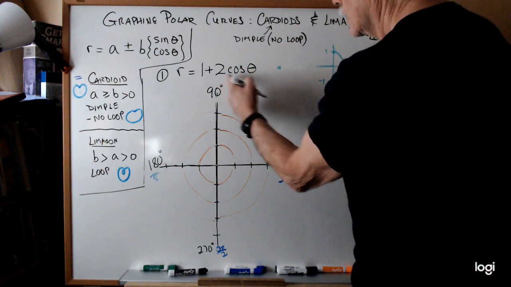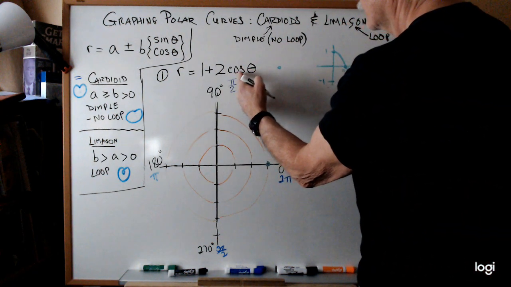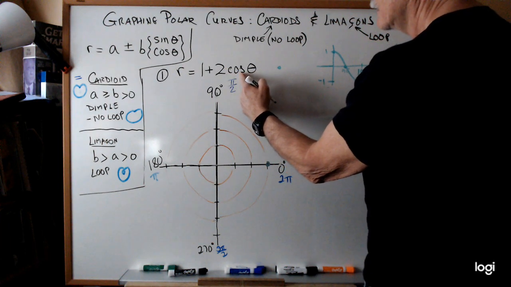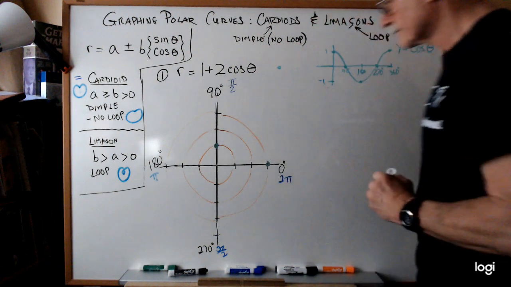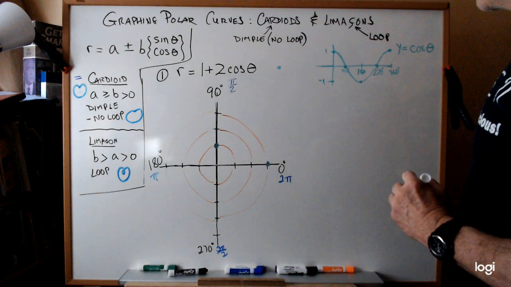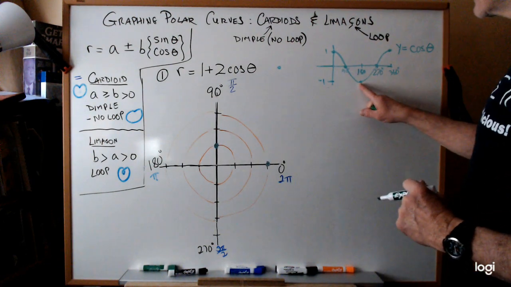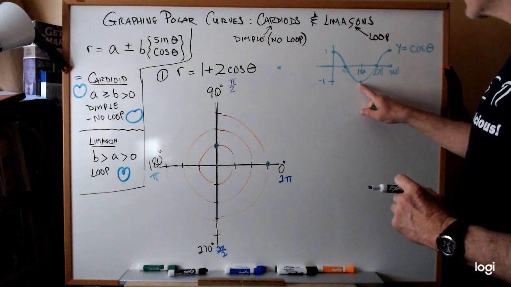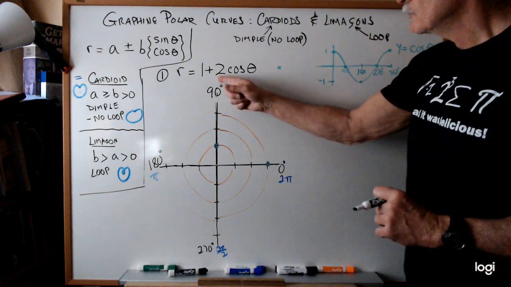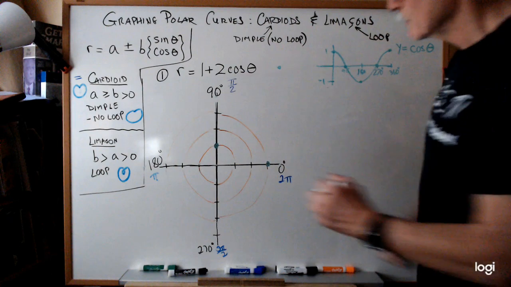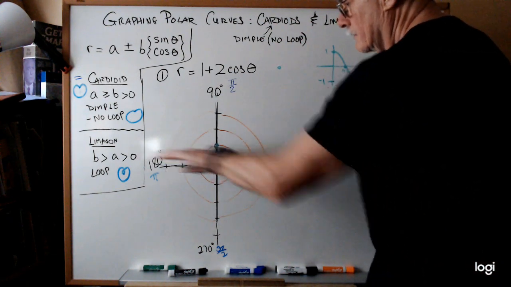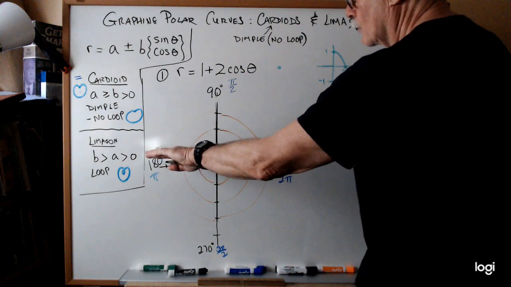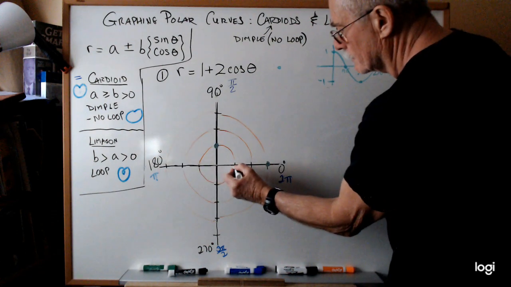Okay, at 180, cosine is negative 1, 2 times negative 1 is negative 2, plus 1 is negative 1, so when I'm looking out in this direction, again, r value negative 1, which flips it back.